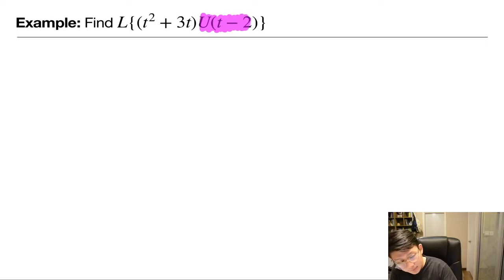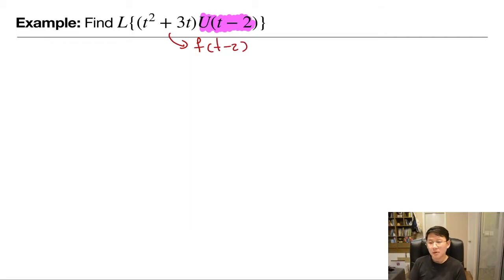It means that this guy needs to be f of t-2. But it's not quite clear how we can write it in terms of f(t-2). It's not very clear. So how to write it down in terms of f(t-2)?